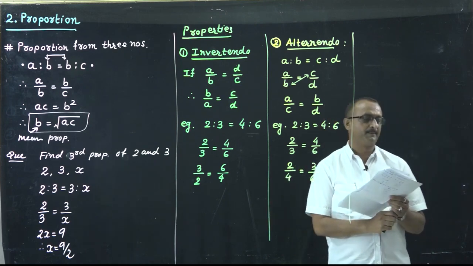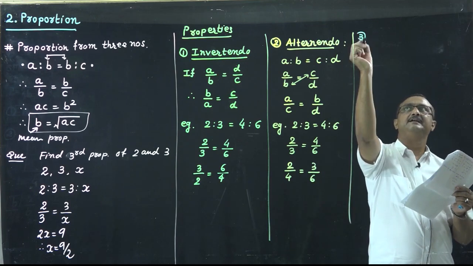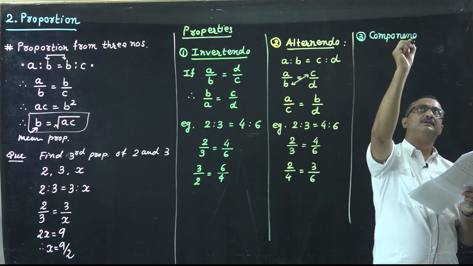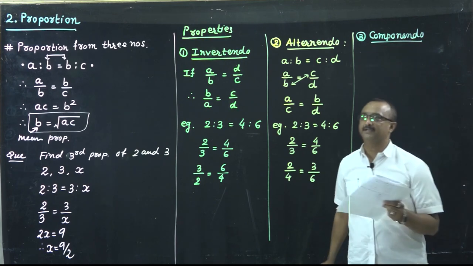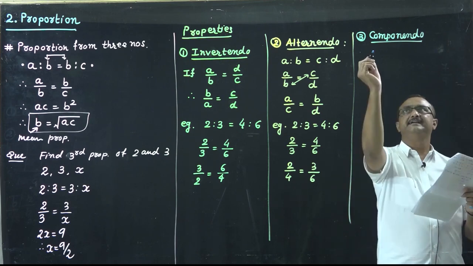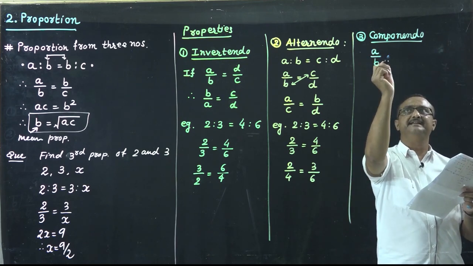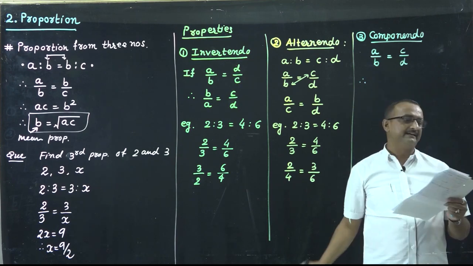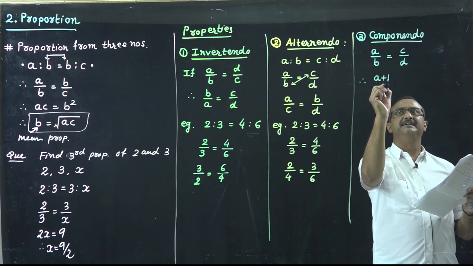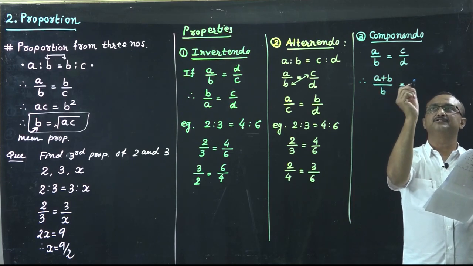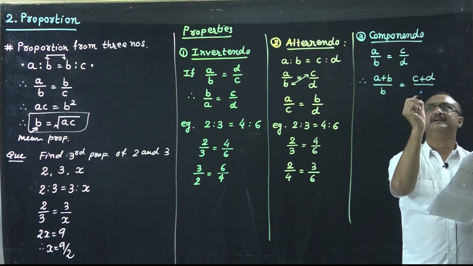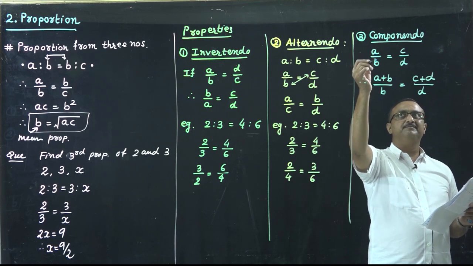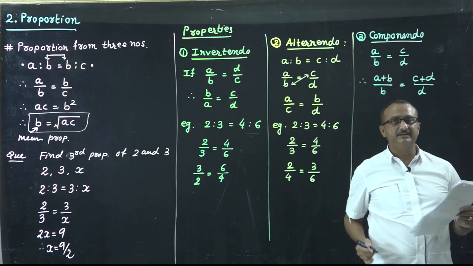Okay. Number 3, componendo. So componendo is, if A upon B is equal to C upon D, then we can write A plus B by B is equal to C plus D upon D. Okay. So we add denominator to numerator.